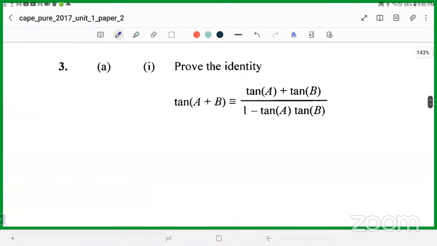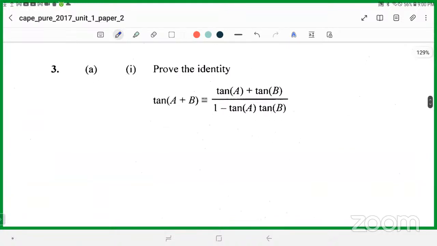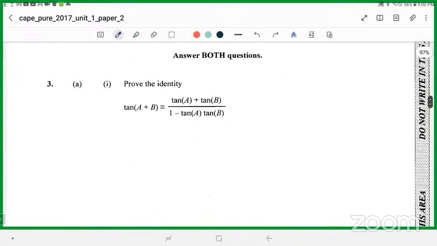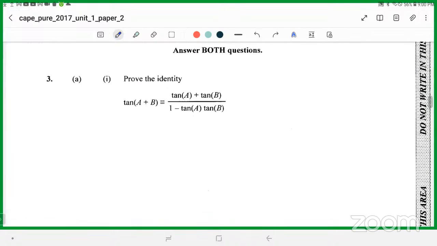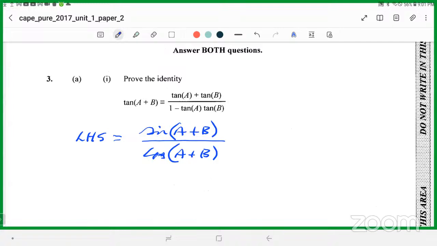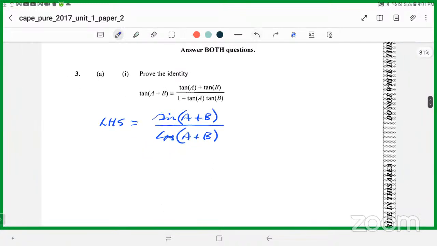All right. So you're going to have to use the compound angles to do it, right? Because it's a proof that you're supposed to know in your head. What I'm asking you to prove is an identity you should know in your head. We're asking you to prove it, right? So you're going to say the left side is tan, which is sine over cos. So it's really sine of A plus B over the cos of A plus B. And you're going to expand this compound angle up here.